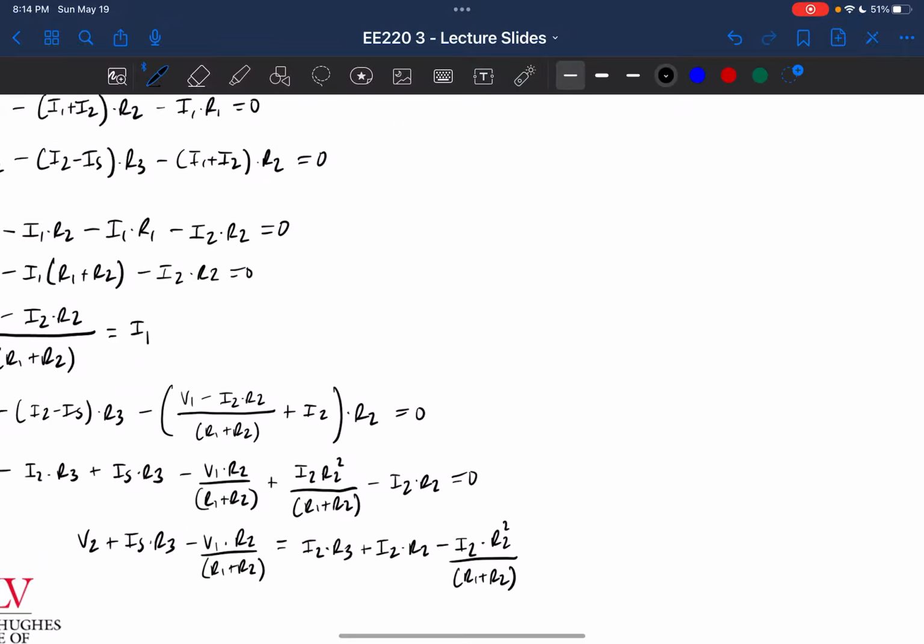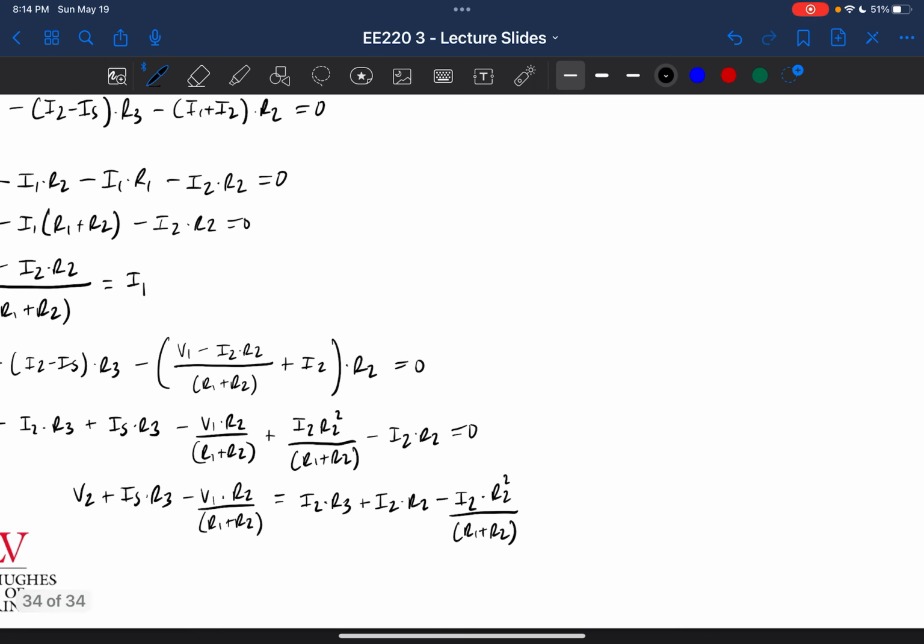And so here I basically want to write that V2 plus IS times R3 minus V1 R2 over R1 plus R2 is equal to I2 times R2 plus R3 minus R2 squared over R1 plus R2.